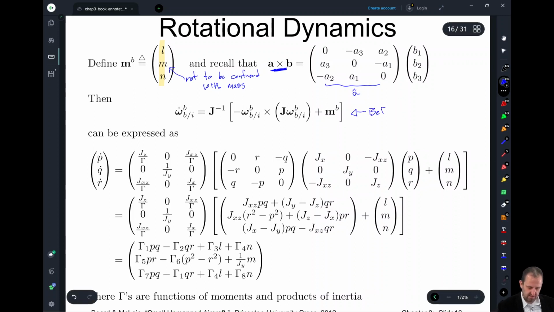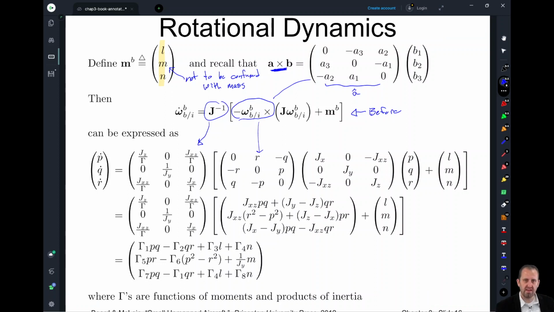Okay, so now this is from before. We haven't done anything yet. Now we're going to start to put everything in. We've taken J inverse, which we defined on the previous page. We take this cross product, using the matrix definition of our cross product here, and our P, Q, and R become that A vector.